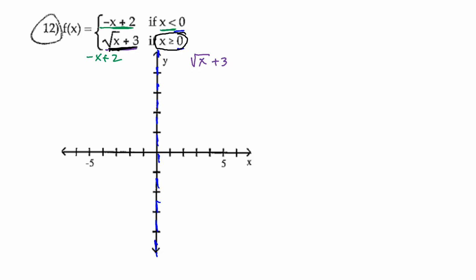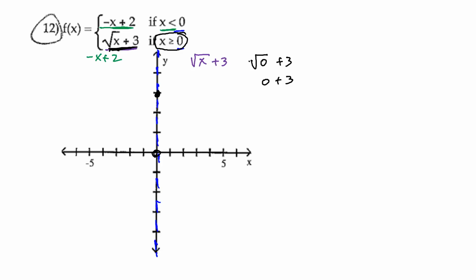Our boundary is going to happen where x is 0. If we input 0, then we have square root of 0 plus 3, and square root of 0 is 0, plus 3 is 3. That means our boundary point here would be a solid point at 3.